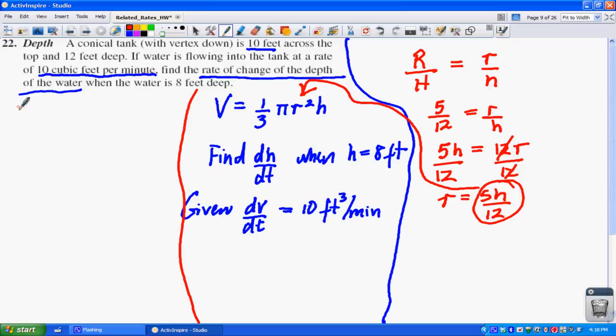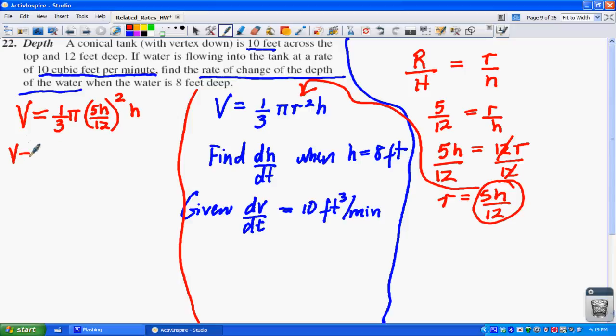So I'm going to have V equals 1/3 pi, and I'm plugging in my R, which is 5H over 12, and I'm squaring my R, times the H that was on the outside. When we do all of that, we square the top and square the bottom.